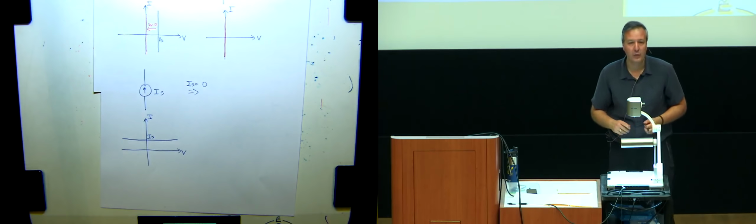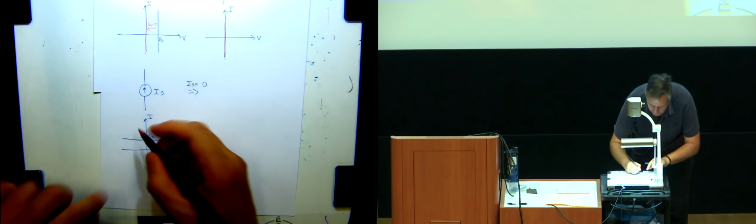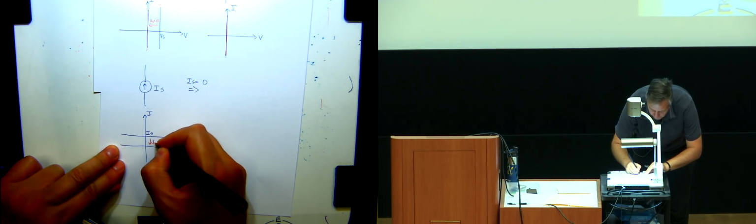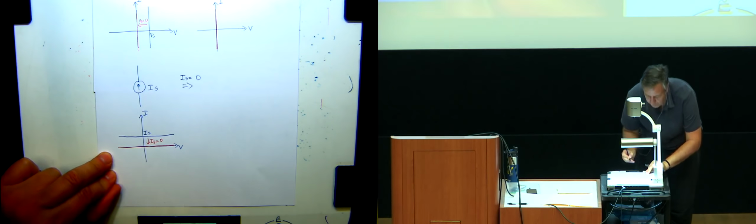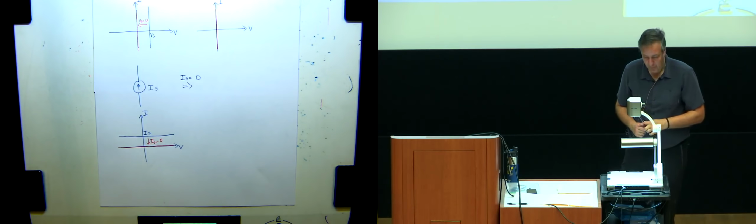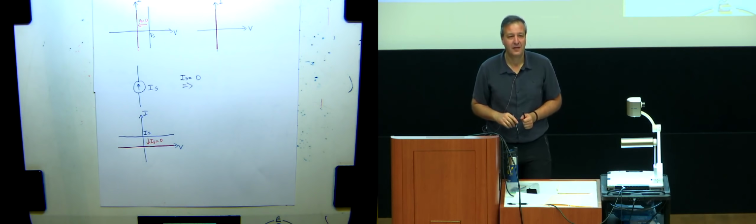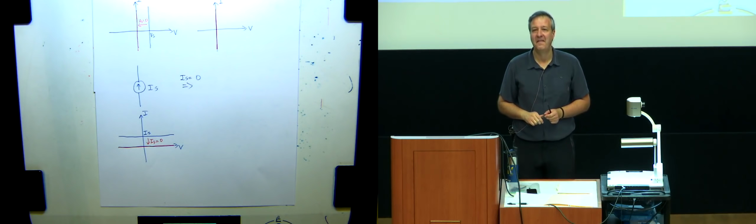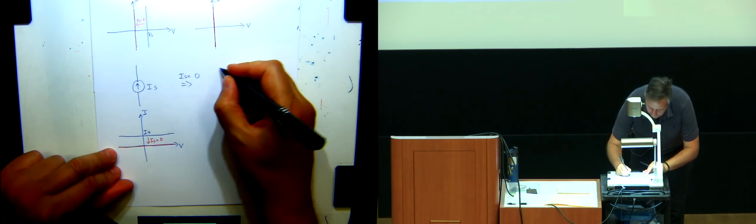And now, when we do IS equals 0, it just shifts down, right? Right, shifts down to this. Well, what element does that correspond to? Someone in the back? Open circuit, right? Okay.